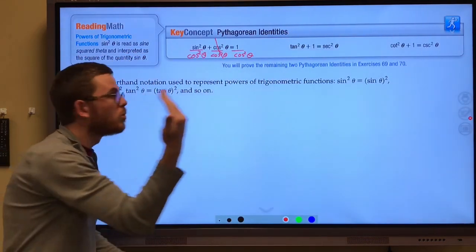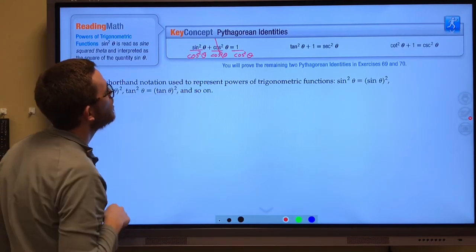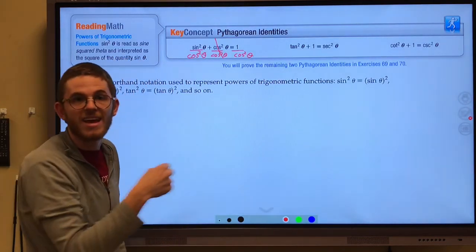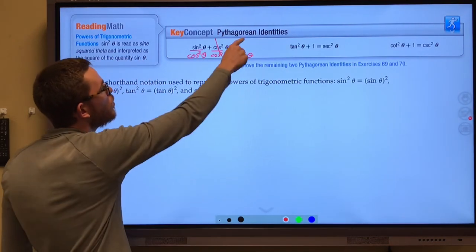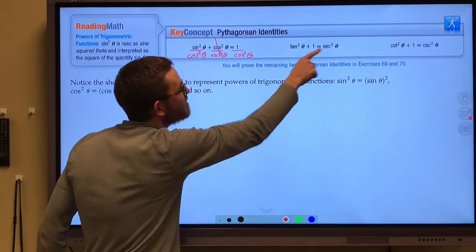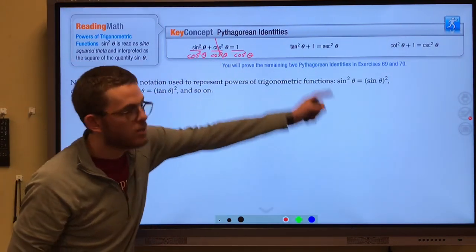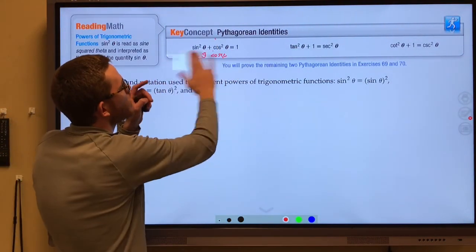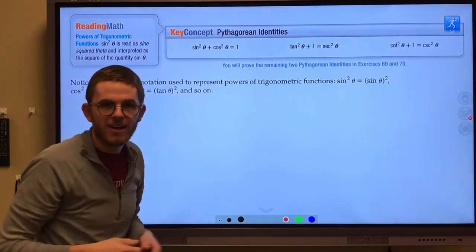Anything divided by itself is a 1. Sine squared theta over cosine squared theta, sine over cosine is tangent, so that's tangent squared. And 1 over cosine, well, the reciprocal of cosine is secant, so that would be secant squared. So if we know this original Pythagorean identity, we can derive that second one.